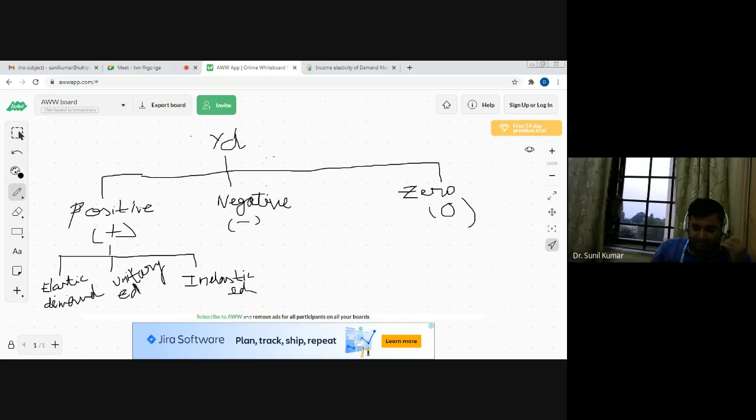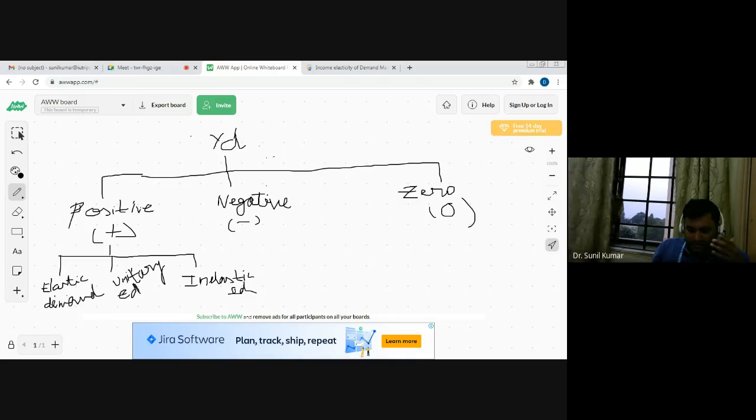And in inelastic income elasticity of demand, if income increases 10%, then the quantity demanded will increase by 8%, somewhat less. And this happens in normal goods.